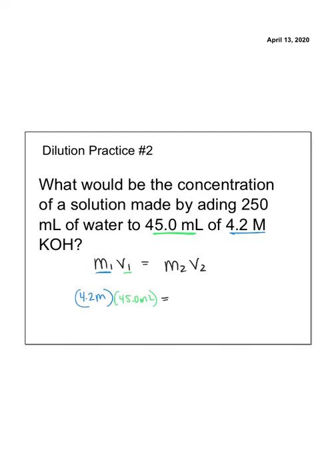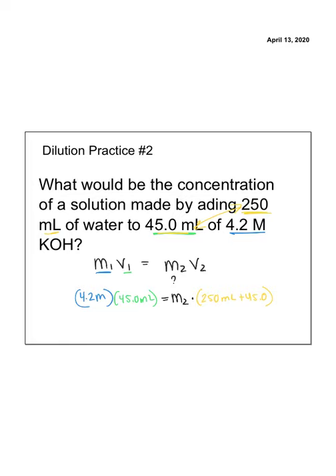And we want the new concentration. That's my question mark. And then this guy could be 250, but that's just water. We're adding 250 to the 45 of this, so I'm going to add those together. The difference here is the last problem, they told us the new total volume. This one, we had to figure out the new total by adding 250 and 45.